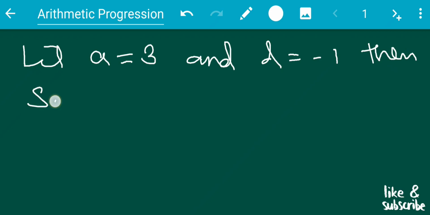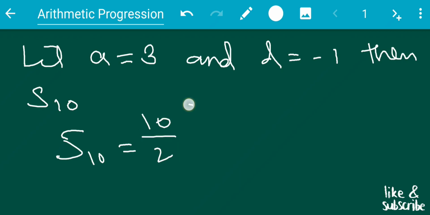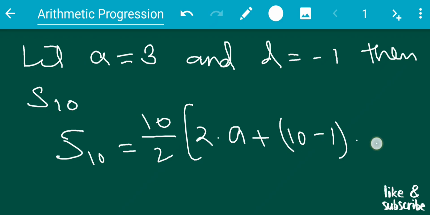What is S10 if I want to know? S10 is basically 10 by 2 into twice a plus 10 minus 1, that is n minus 1, times d.